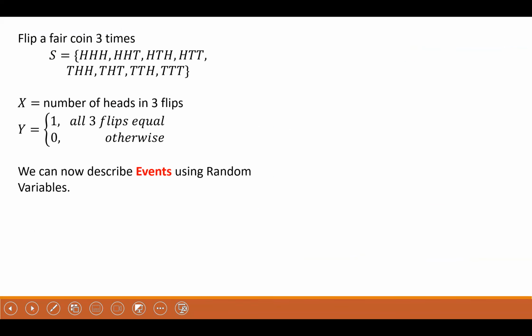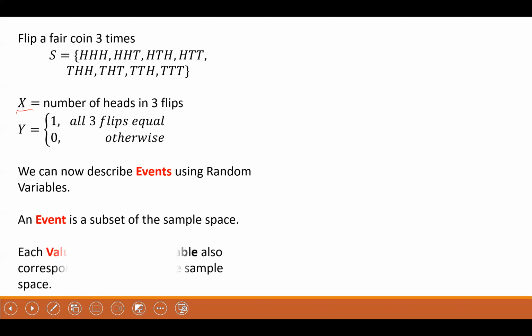Okay, so now I can describe events using my random variables, right? So how do I describe these events? Well, an event is just a subset of the sample space, and each of the values that I map my random variable to is in some sense associated with a subset of the sample space, right?